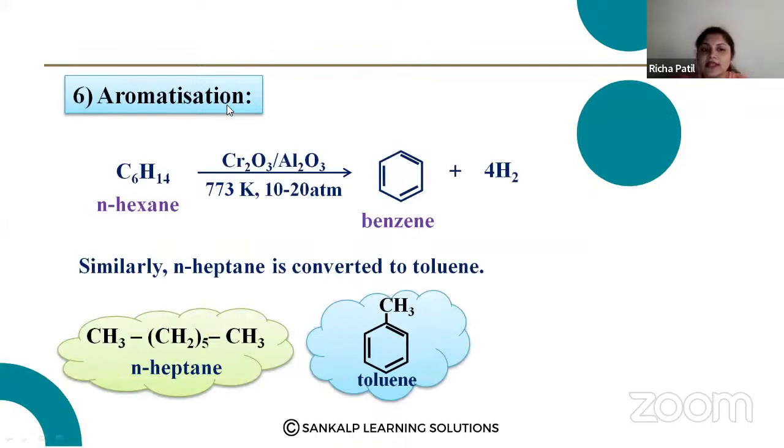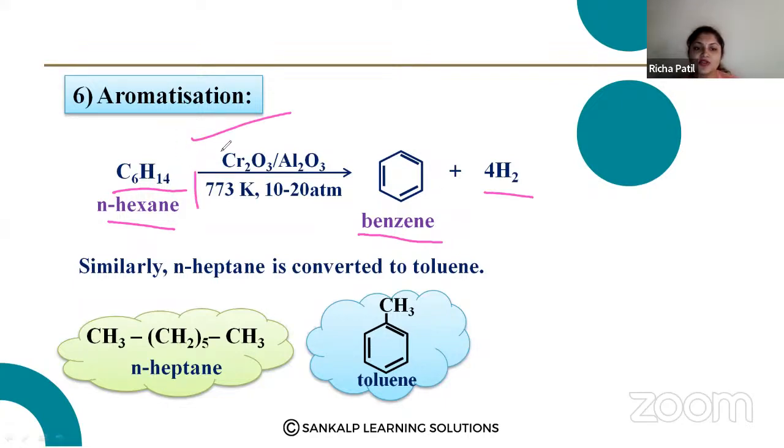Then aromatization. The number of carbon atoms is 6, so it is n-hexane, C6H14. In the presence of chromium oxide and aluminium oxide, at a temperature of 773 Kelvin and 10 to 20 atmospheric pressure, it gives you benzene plus 4H2. So this is an aromatization reaction.